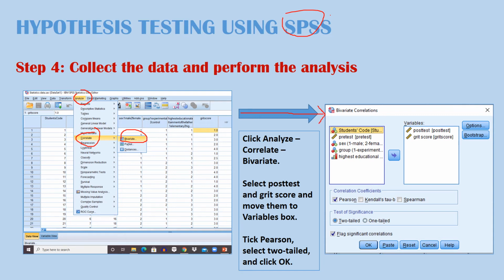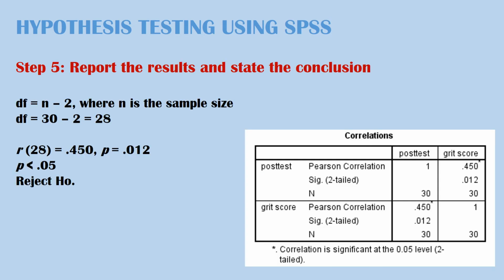And in here, we select our 2 variables, the post-test and the grade score, and we move them to this variable box. And then we tick Pearson, being our statistical tool. We select two-tailed, and we click OK. This will generate for us the output table, our correlation table that shows this data.